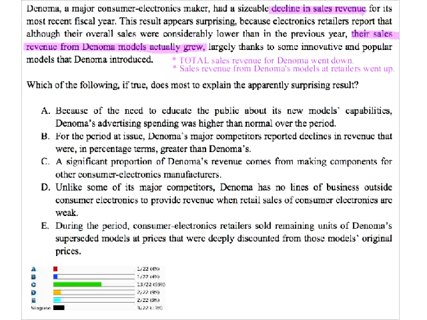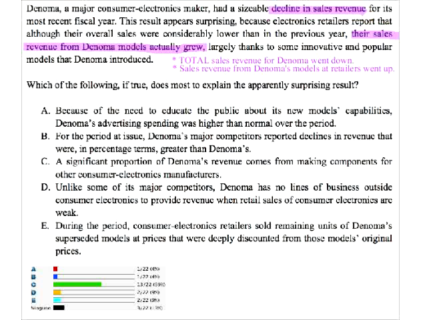So what this problem reduces to, the only way that this can happen is if something else went down and countered that effect. So some other component of Denoma's sales revenue must have gone down.